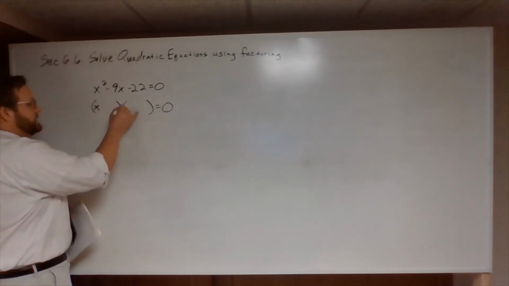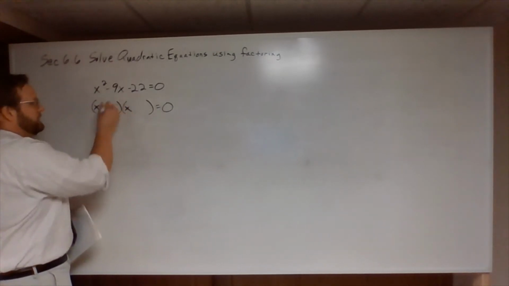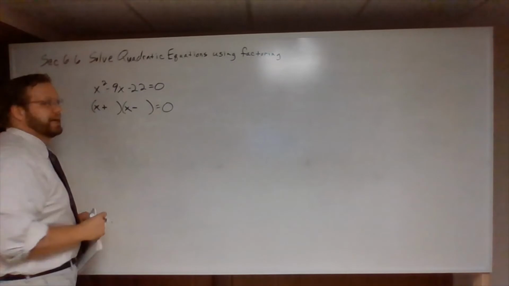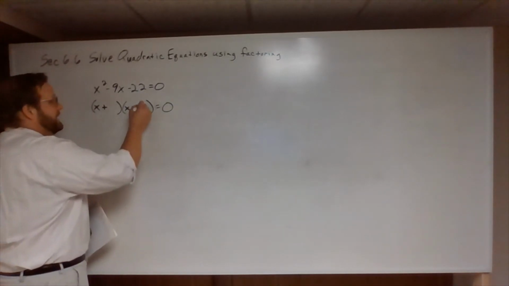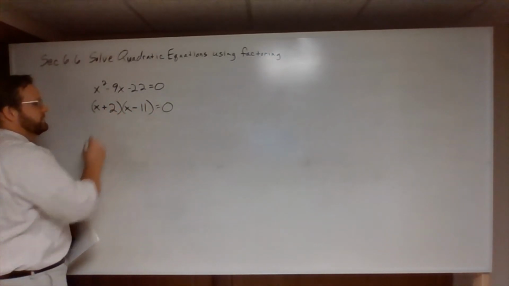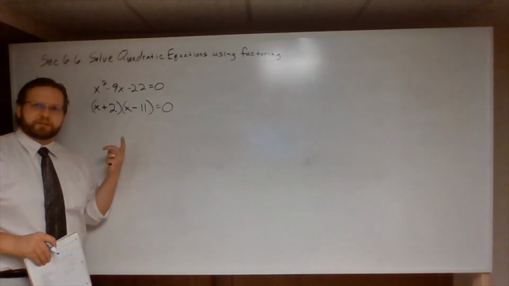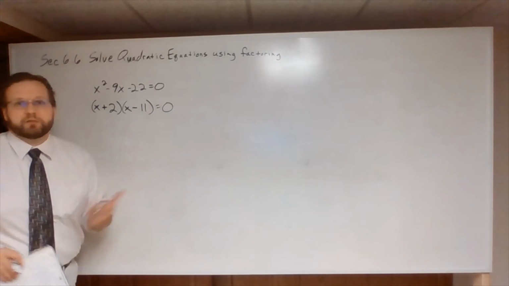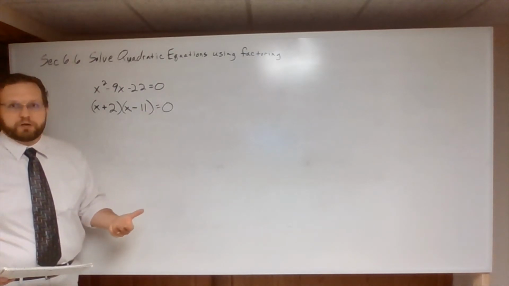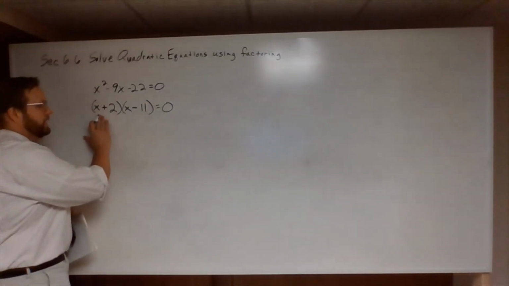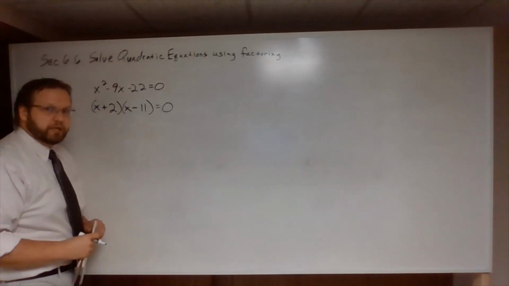X squared is x and x. It's a negative 22, so I'm going to have opposite signs. And I'm going to have a negative 11 and a positive 2. Okay? Don't feel like you have to rush through it and be really fast with it. Take your time. Factoring is really where most of the work is for these problems. Okay? So I factored that using guess and check.